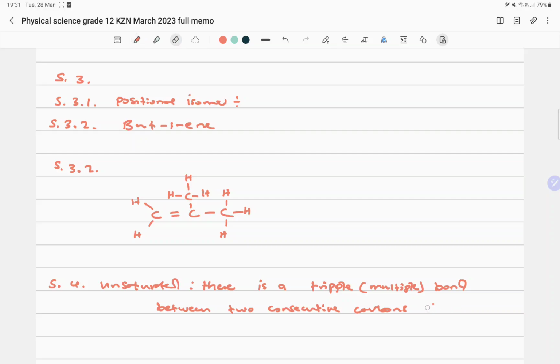Let's write this within properly. Within the chain of the molecule.